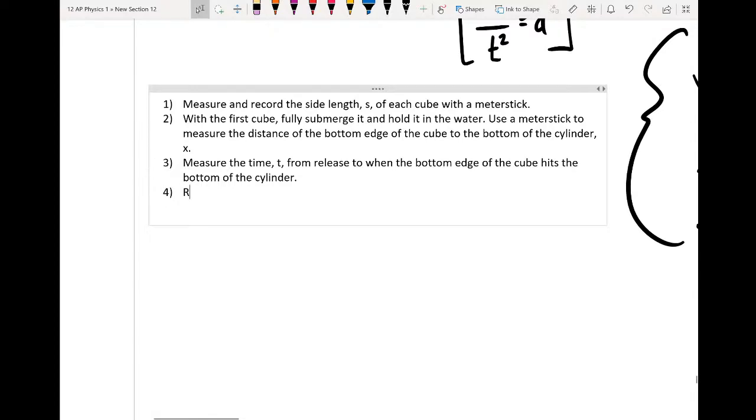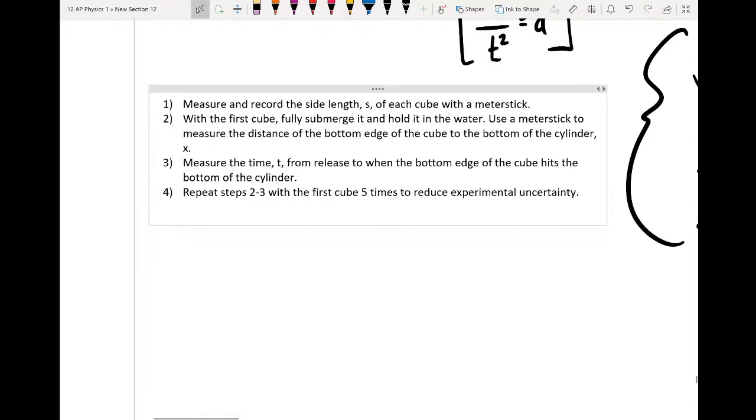I will repeat steps 2 through 3 with the first cube. I'll say repeat it 5 times to reduce experimental uncertainty. Okay, so I'm going to repeat my experiment 5 different times.